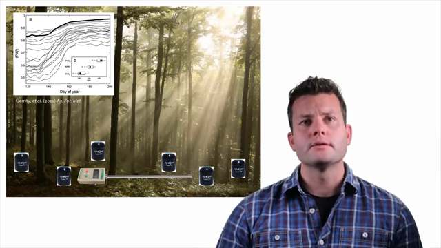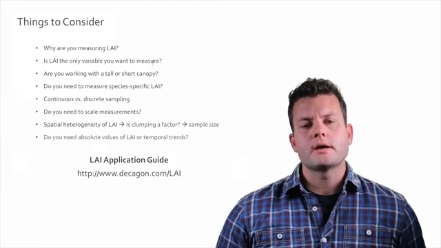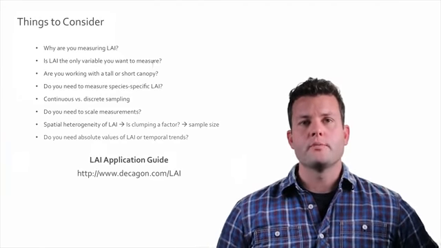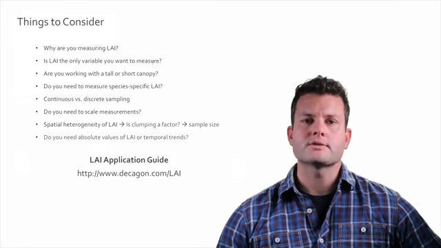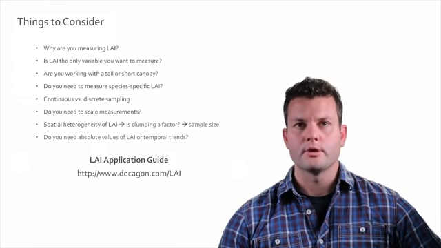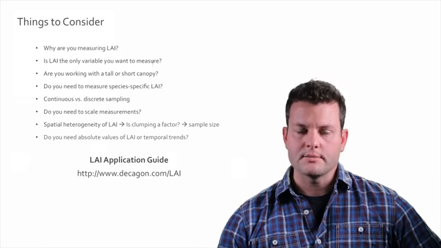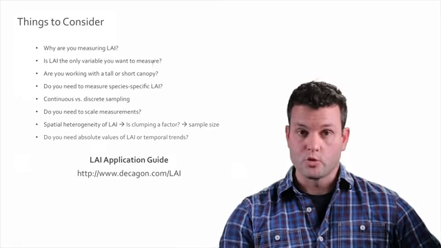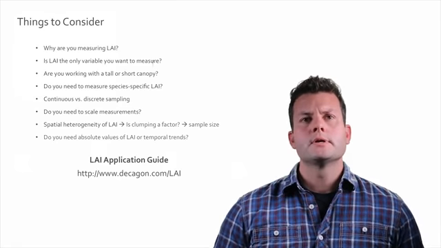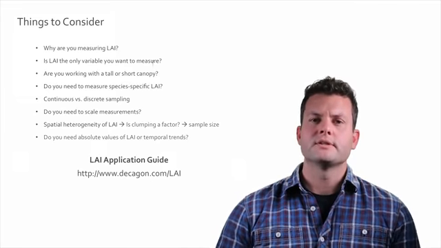So a few other things to consider in wrapping up here. The first thing I always encourage people to consider is, why are you measuring LAI? Are you really interested in leaf area index, or are you interested in some related variable? So for example, a lot of people try and estimate LAI so that they can estimate transmitted light or absorbed light more often, because they're trying to estimate canopy productivity or photosynthesis.